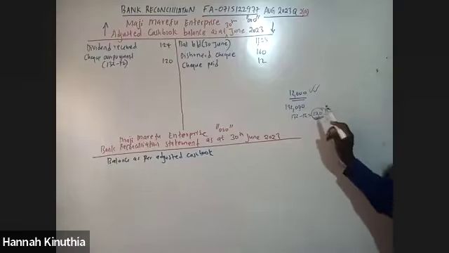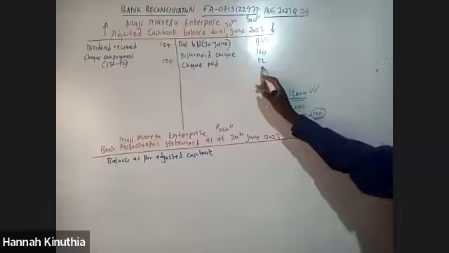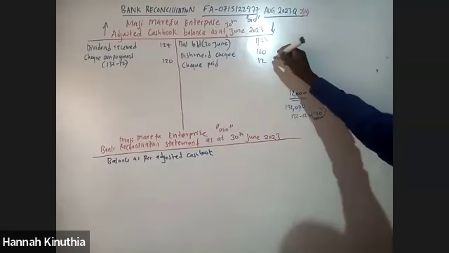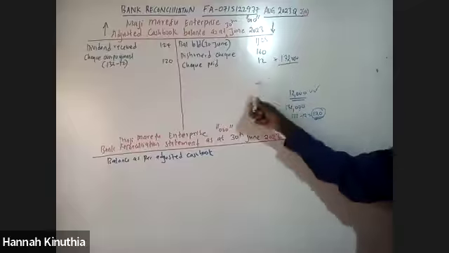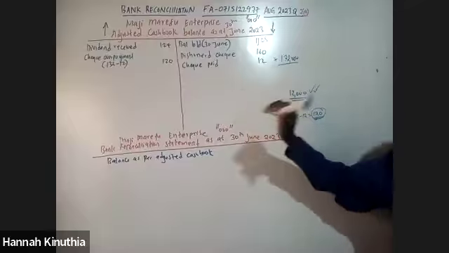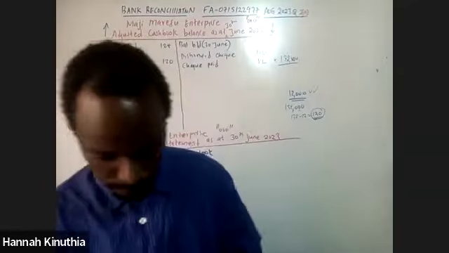Now, remember we are supposed to record this item here. We are supposed to record how much here? 12. How much did we record? According to the information, 130, 132. After we record 12 here in the cash book, how much did we record? 132. Is that one correct?